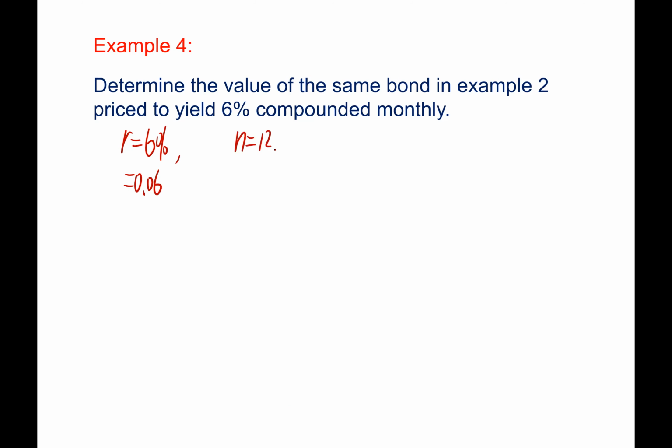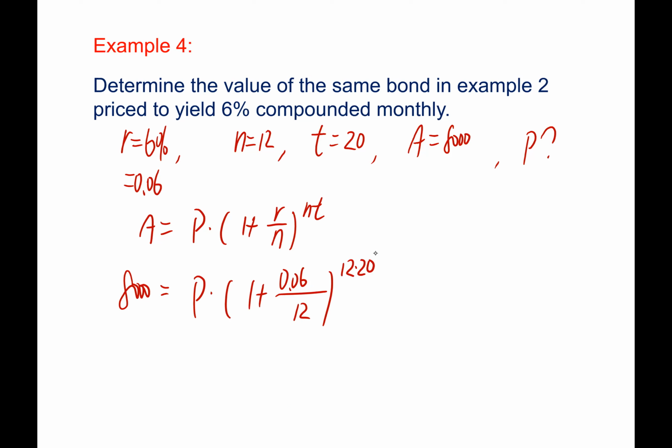So 8,000 equals principal times 1 plus 0.06 over 12, raised to 12 times 20. Here, the 0.06 could be evenly divided by 12, so if you want to turn it into a single number, you could do that, but you don't have to. So the principal should be 8,000 divided by 1 plus 0.06 over 12 raised to 240 power.